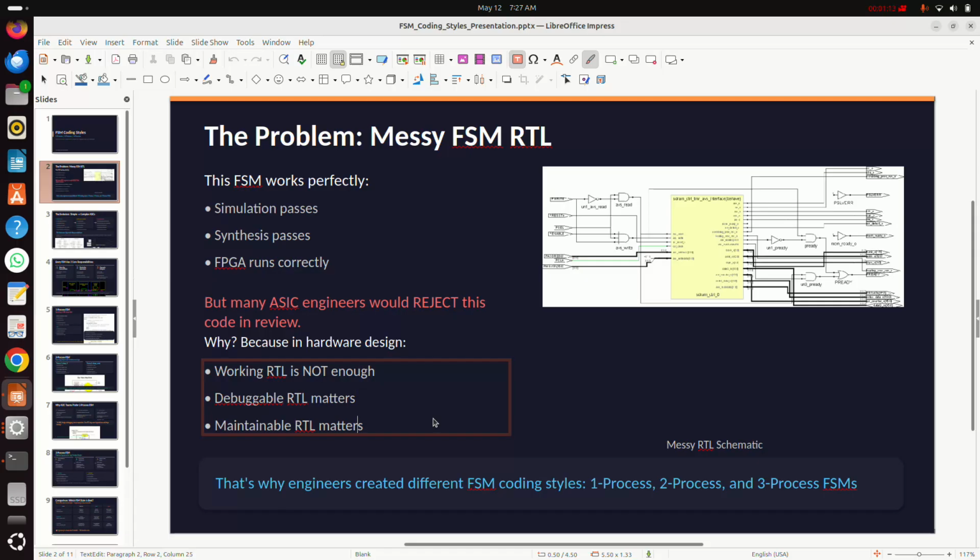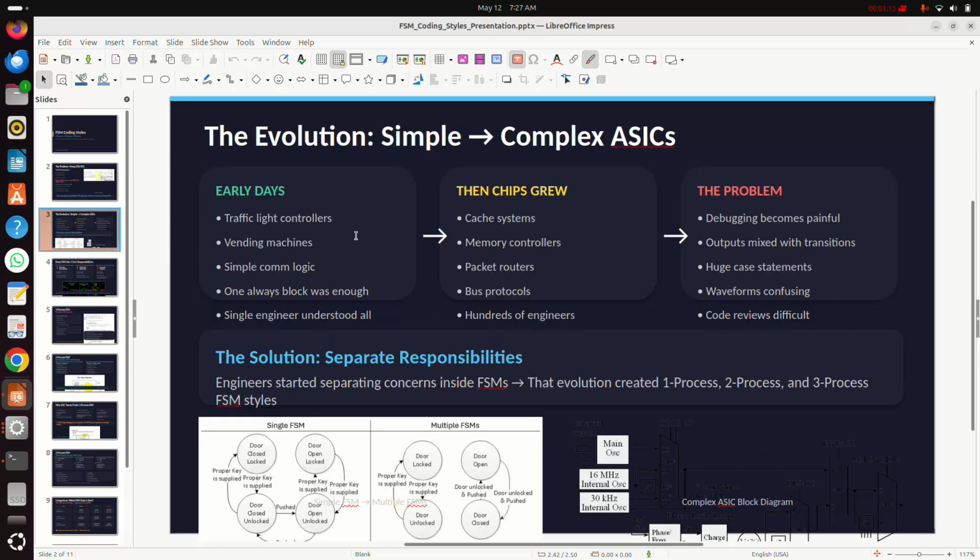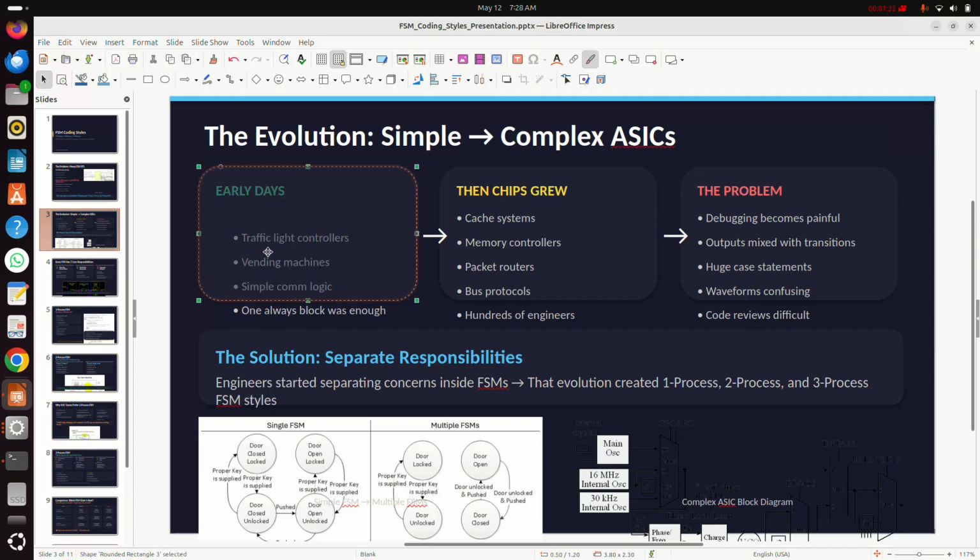Okay, so let's move ahead. This is the evolution from simple to complex ASICs. In the early days, FSMs were required only for traffic light controllers, vending machines, and simple control logic, and these were all common and small FSMs, so there was not much need for these types of processes.